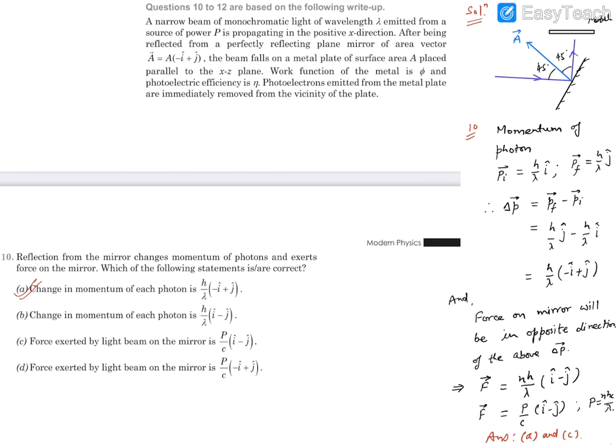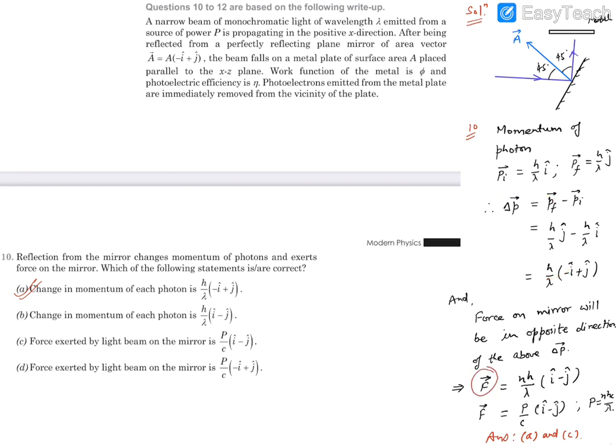So if we multiply by minus 1, whatever direction we get will be the direction in which the force acts on the mirror, because it's asking for the force on the mirror. So the force on the mirror will be opposite to the change in momentum vector that we have calculated.